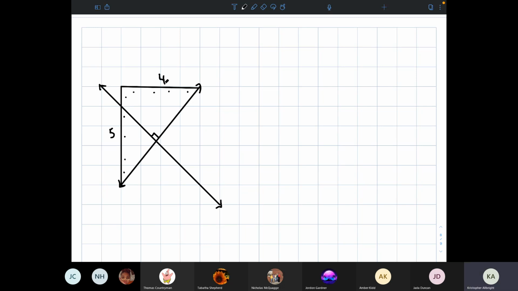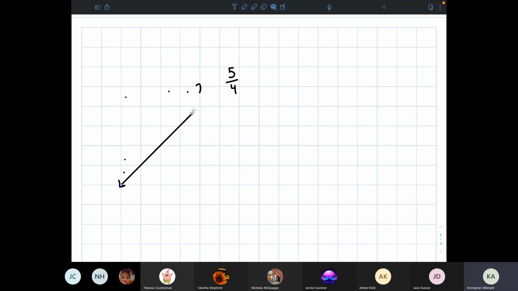So for this top one, we have a slope of rise 5, run 4. Now let's do the bottom one. These do not cross at a 90-degree angle. With my poor example here, this is not going to work out if we do it that way. Let me fix this so that it will. Okay, there we go.